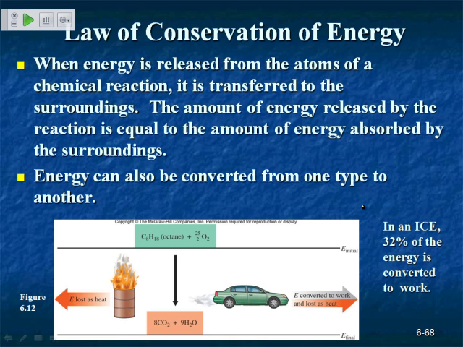Potential energy is energy that is stored in a compound or in an object by its position. And all other forms of energy that we talk about, light energy, heat energy, mechanical energy, electrical energy, chemical energy, everything is either kinetic energy or potential energy.